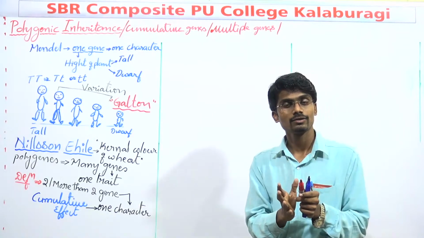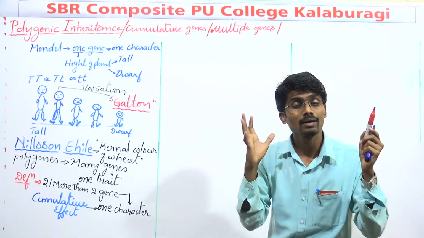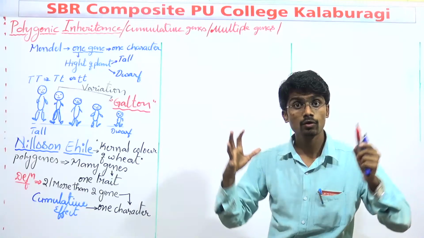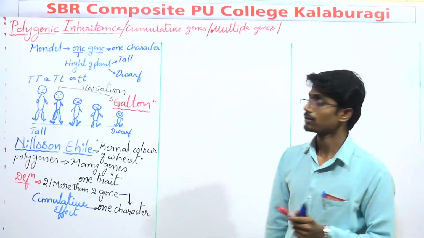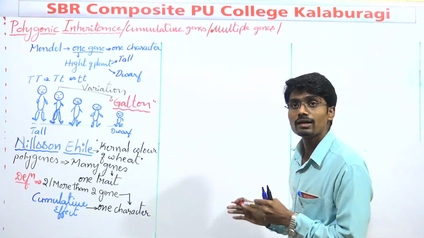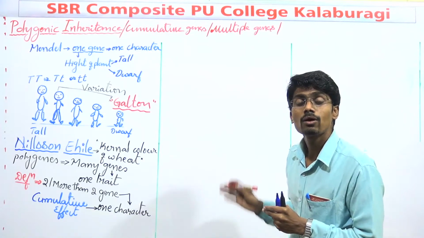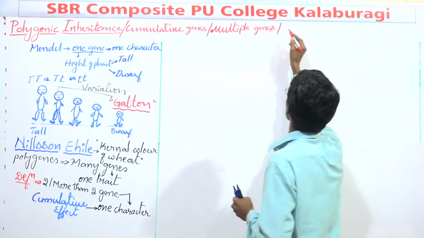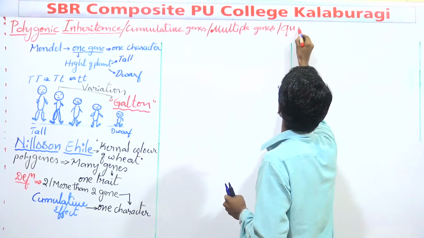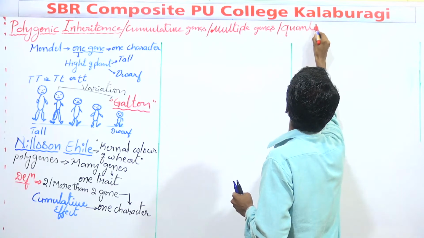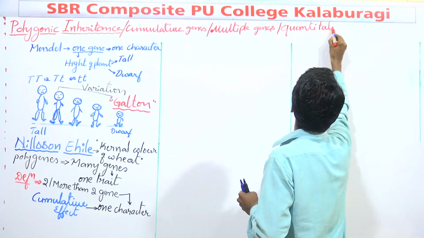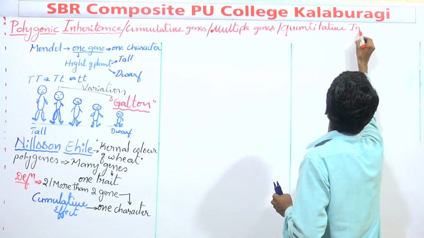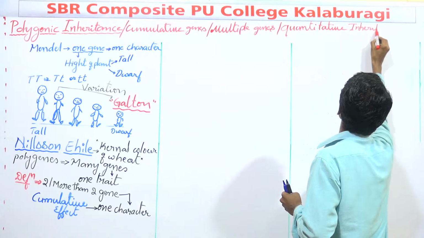Because of that reason, many dominant genes can control one character. That's why polygenic inheritance is also known as quantitative genes or quantitative inheritance.